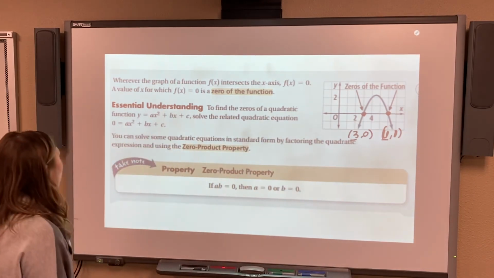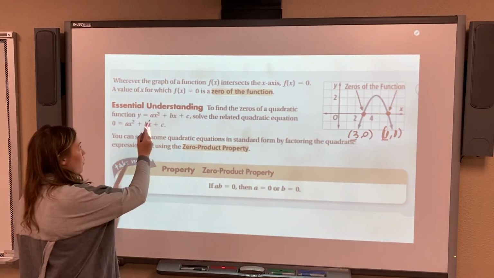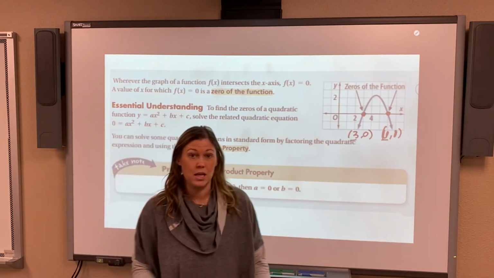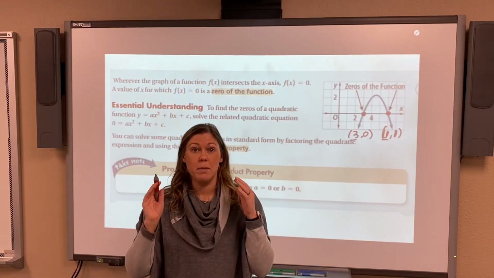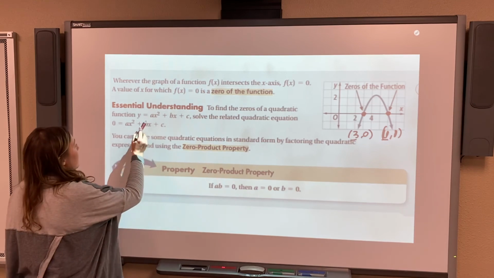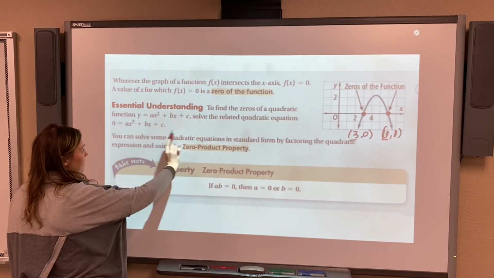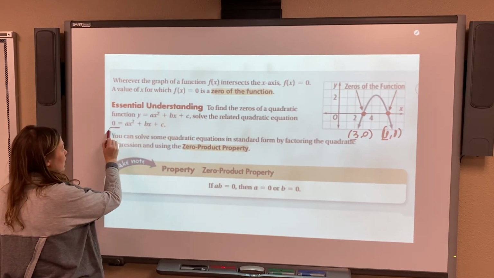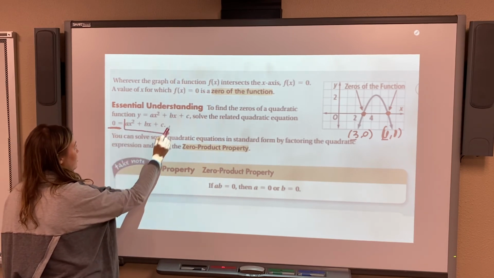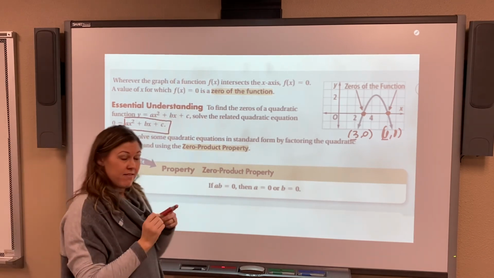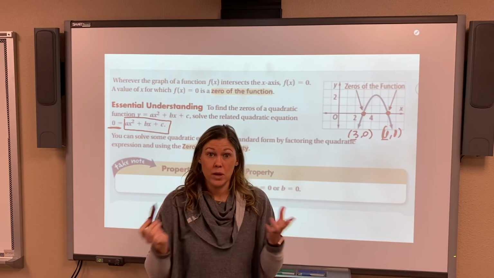Okay, and so what we can find out is if we have our y equals ax squared plus bx plus c, and it can be of any form, but the main thing you have to look at is if it's y equals our graph, if we set it equal to 0 and then solve for this right side, whether it be by factoring or graphing, then we can find our zeros.